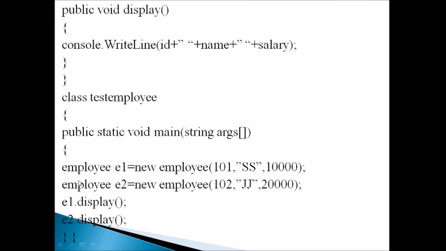In the first statement, Employee e1 = new Employee, and the values are passed here as 101, SS, 10,000. And then for the same class we have created another object, Employee e2 = new Employee(102, JJ, 20,000). And we are calling the method Display using the objects e1.Display and e2.Display.